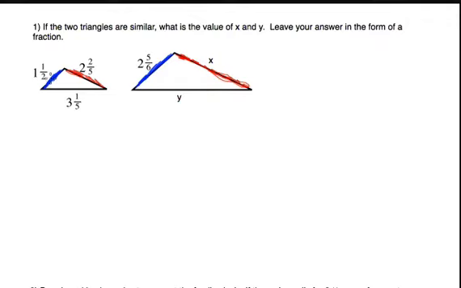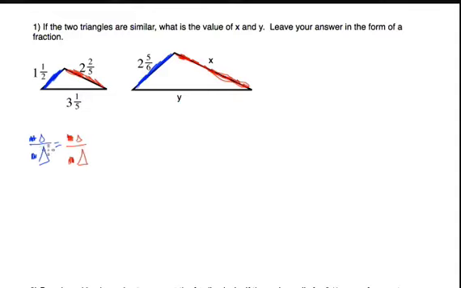So the first way: the blue side of the small triangle compared to the blue side of the big triangle should be the same proportion as the red side of the small triangle to the red side of the big triangle.